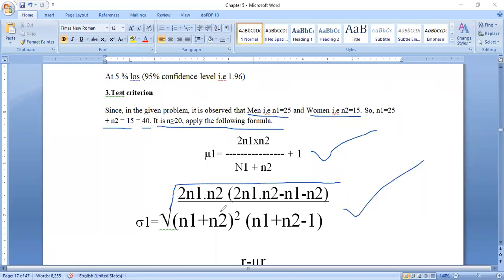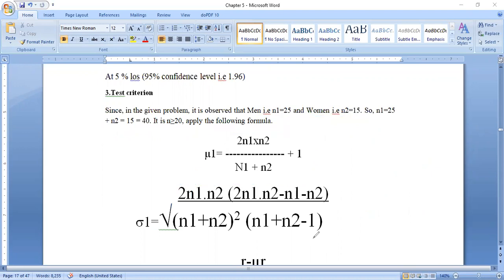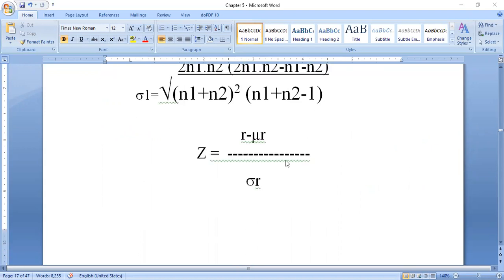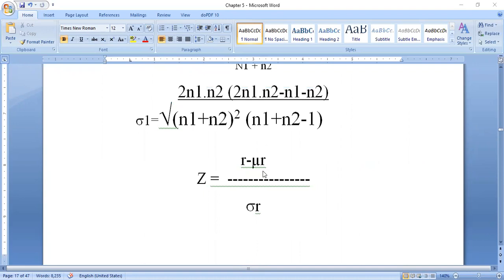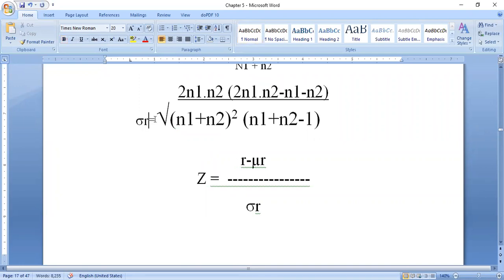Okay, so you see the formula, only N1 information and N2 information is given. They are not asking for any other information here. Then after getting this information, we need to apply one more formula, that is Z is equal to R minus mu R by standard deviation R. This is the standard deviation R. Instead of 1, I will write R here.